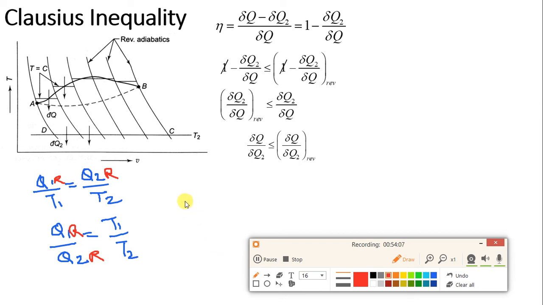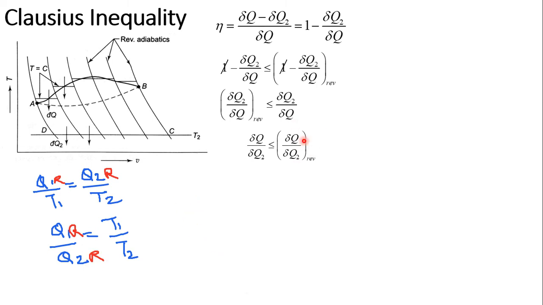Same thing I am doing now. This delta Q by delta Q2, using this principle, is equal to T by T2. Here the temperature is T and here the temperature is T2. So using this concept, you can replace this equation.